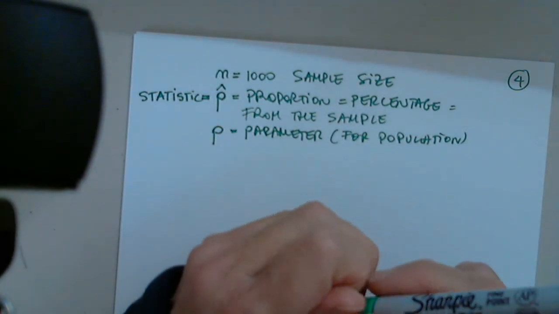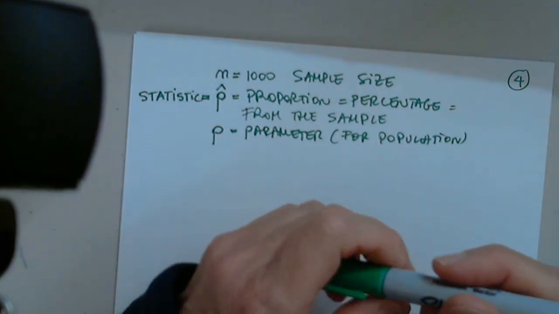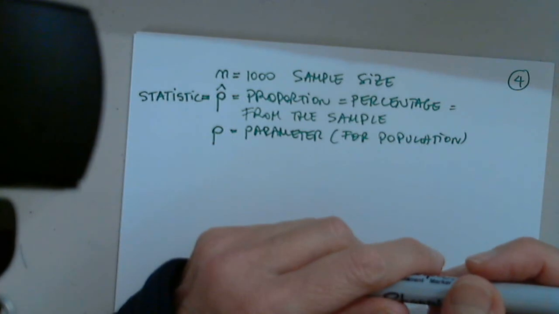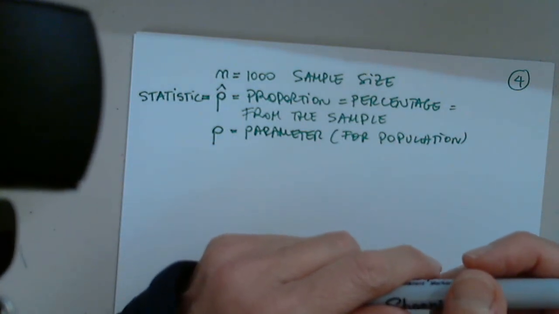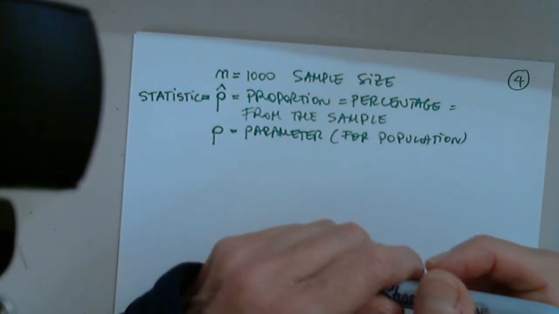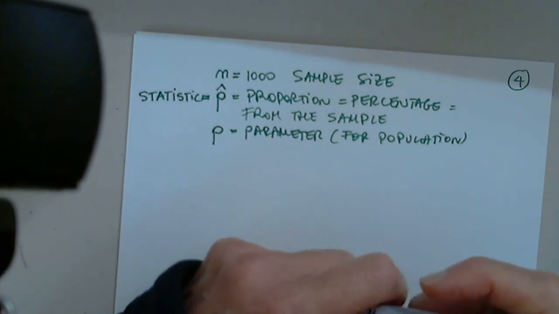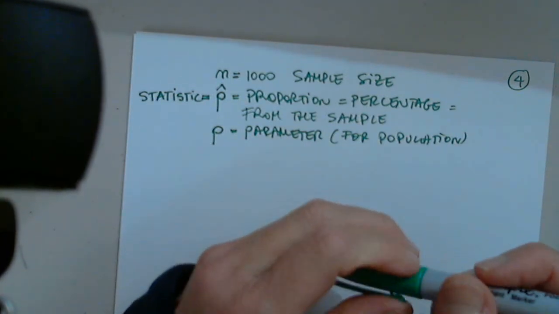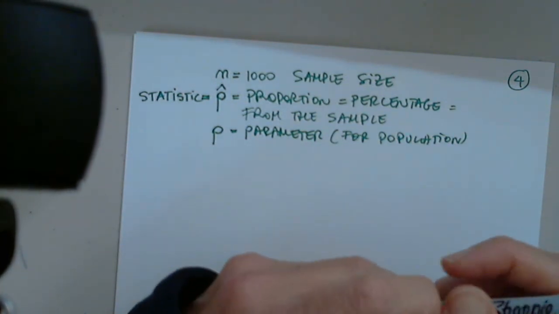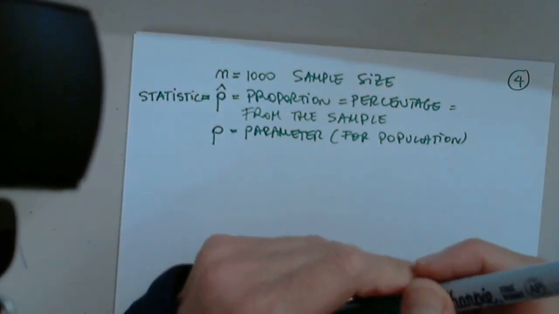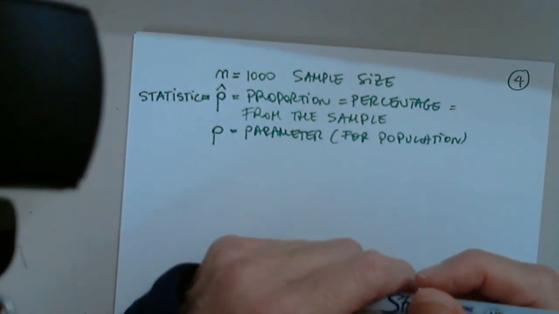Parameter. So it becomes a parameter because we could not get to all the students in that school, and we drew a conclusion from surveying an entire class.